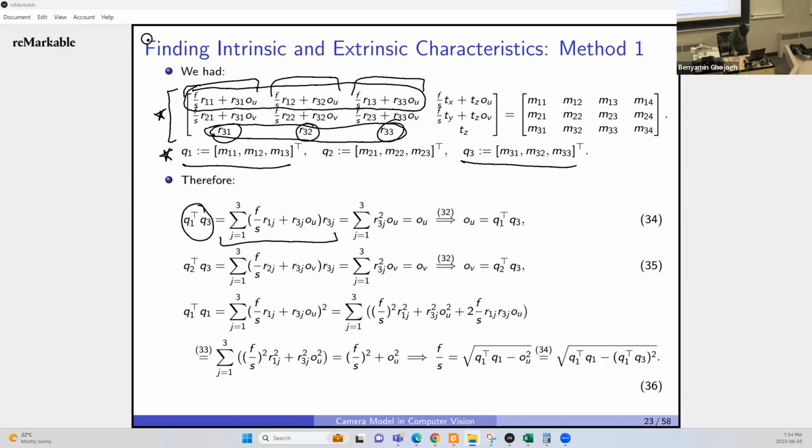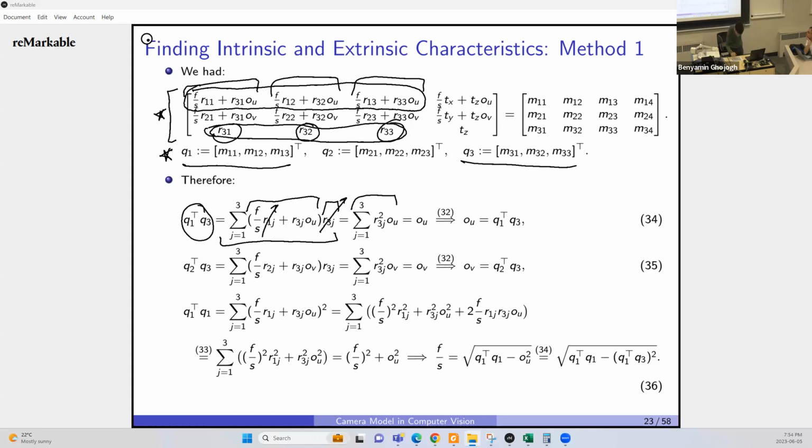This is exactly the summation that I wrote. These are what I had in the first row, and these are what I had in the third row. Interestingly, all of these terms go away. R1J and R3J are orthogonal, as we just showed in the previous slide. So those go away, and I only have this.